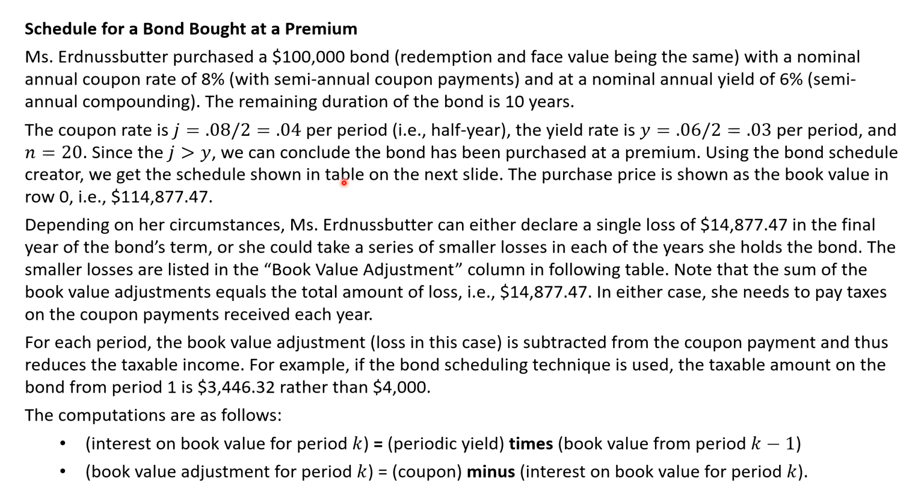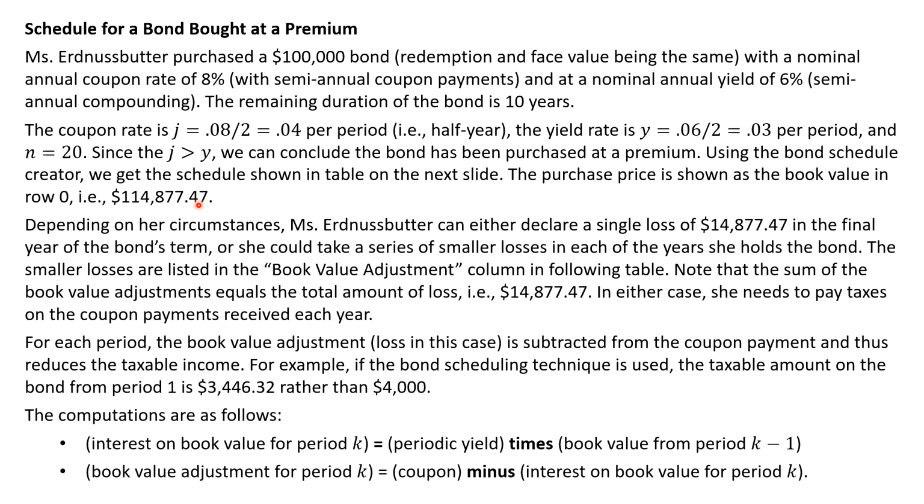Now, what I'm going to show you on the next slide, and it's explained here, but I think it's better if I show you in the slide, with the table that's generated, is that she potentially has a choice, depending on tax laws and where she lives, of distributing that loss, the almost $15,000 loss. She can distribute that over the 10 years of the duration of the bond.